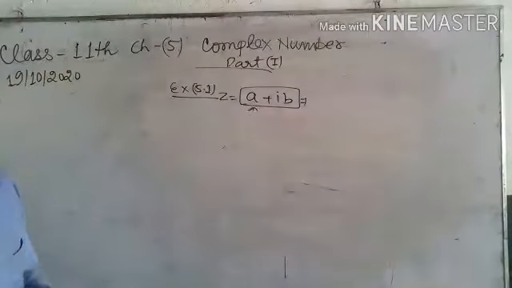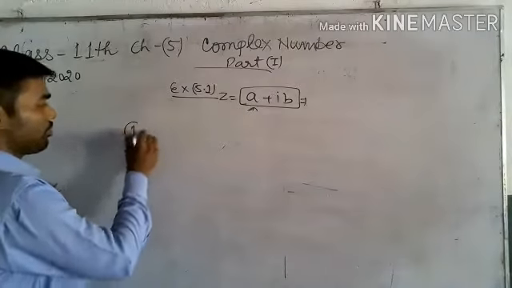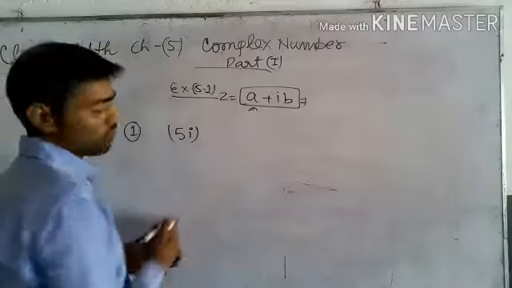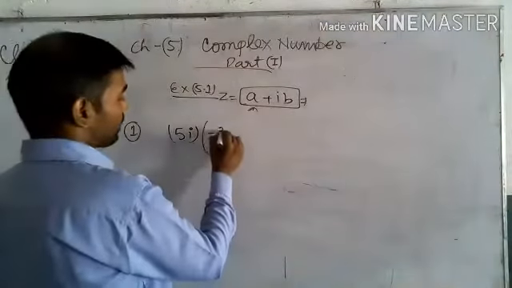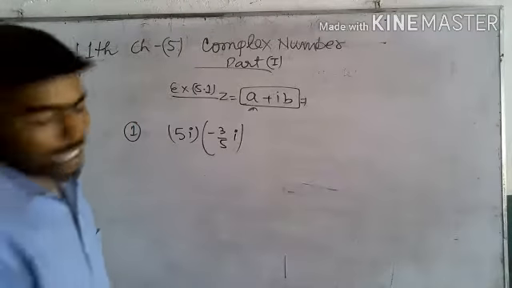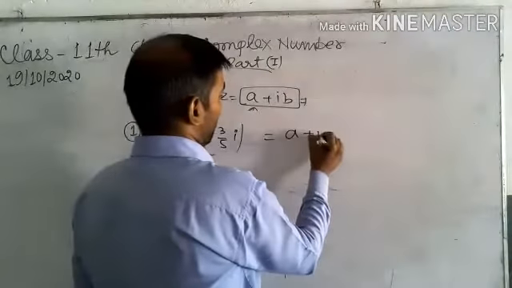Now the first question is 5i into minus 3 by 5i, to be expressed in a plus ib form.